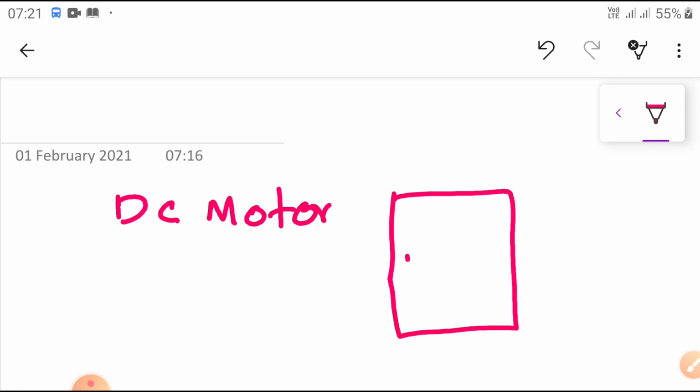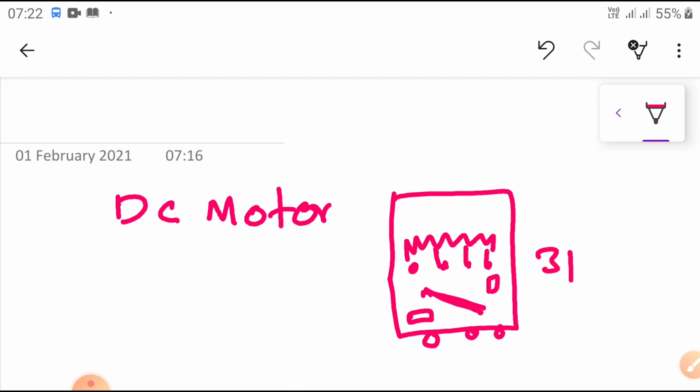Initially it has a resistance, studs, and a coil, and here also we have the hold-on coil. It is connected to 3 terminals. We have already seen this 3-point starter. What is the purpose?